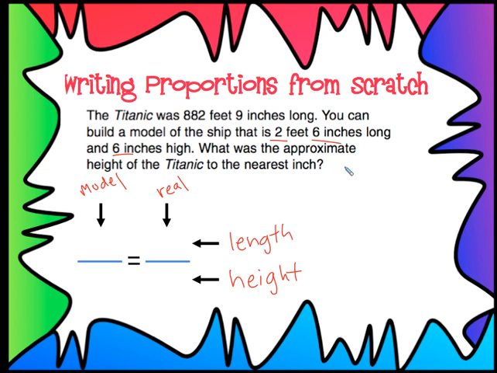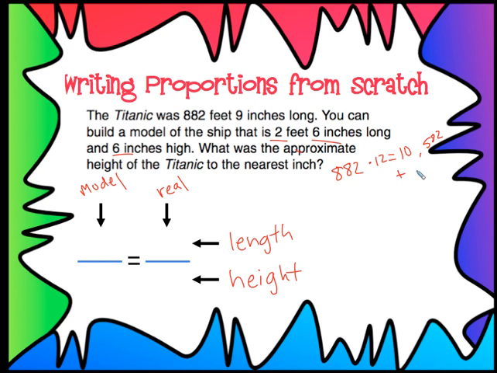So 9 inches, well, we can just change this to inches, I do suppose. So 882 feet times 12 will get you how many inches the Titanic was. That's going to be a lot. 882 times 12 is 10,584.